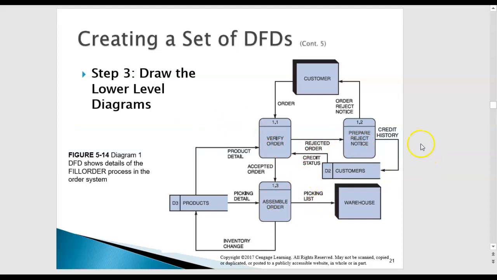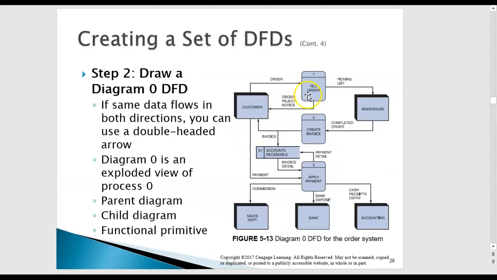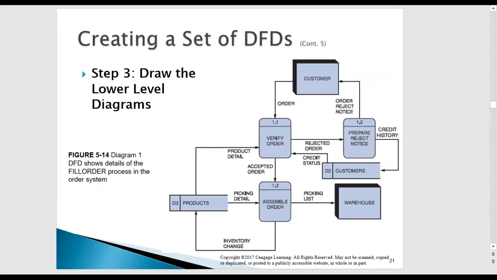Over here, what you need to make sure is that you're creating levels for the whole process. Fill order was the first process, and we're breaking it down so that we know exactly what the steps are that go into filling the order. So it has been broken down into verify the order, prepare the rejection notice, assemble the order, and so on.